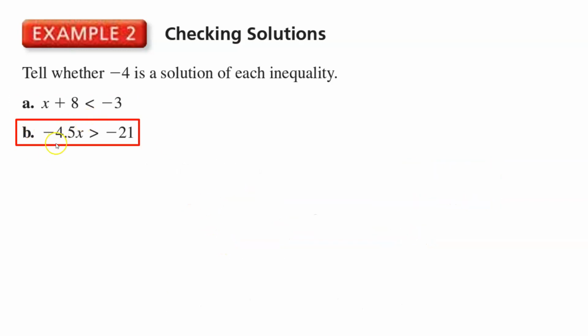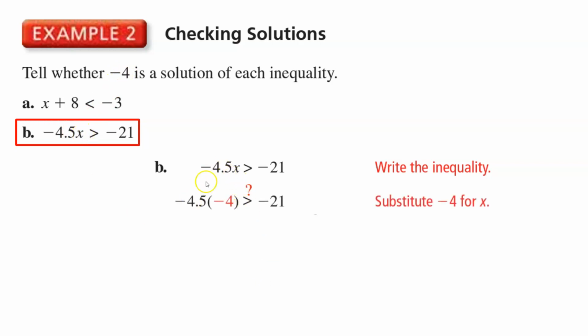Part B, same process. Step 1, write down the inequality. Step 2 is going to be to substitute negative 4 for the variable. Remember that negative 4.5x means negative 4.5 times x, so this is multiplication. Now we're going to simplify here. Negative 4.5 times negative 4 is going to be a positive 18.